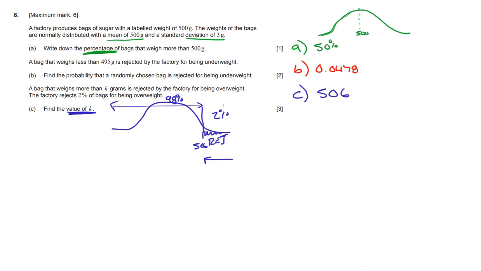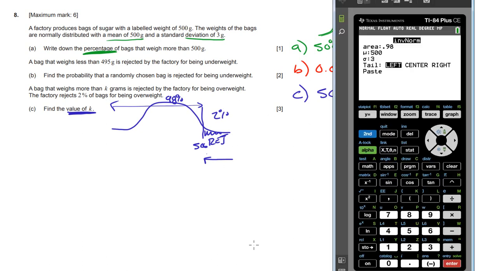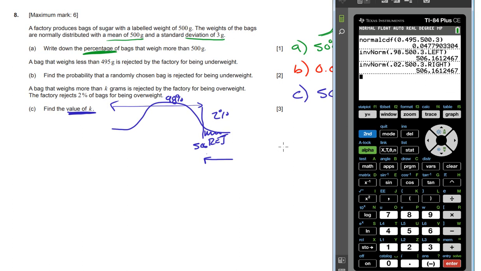So that's just the 2%, so we can change this area to 0.02. Then we do the same mean, same standard deviation, and then our tail is going to be from the right, and we push paste, and enter again, and we should get the exact same answer of 506. So you can do that either way.